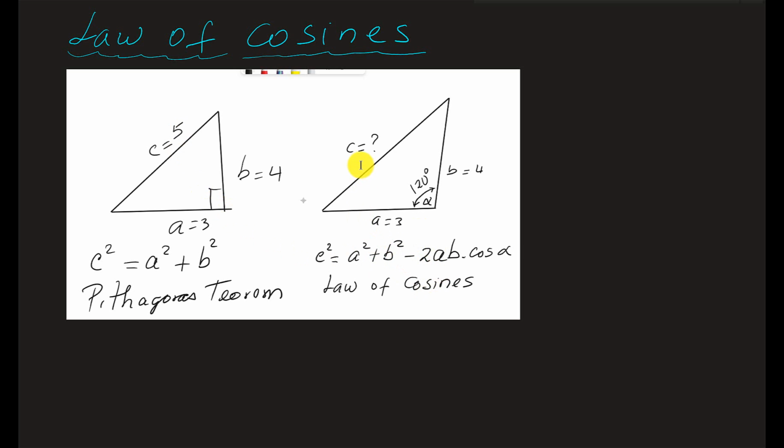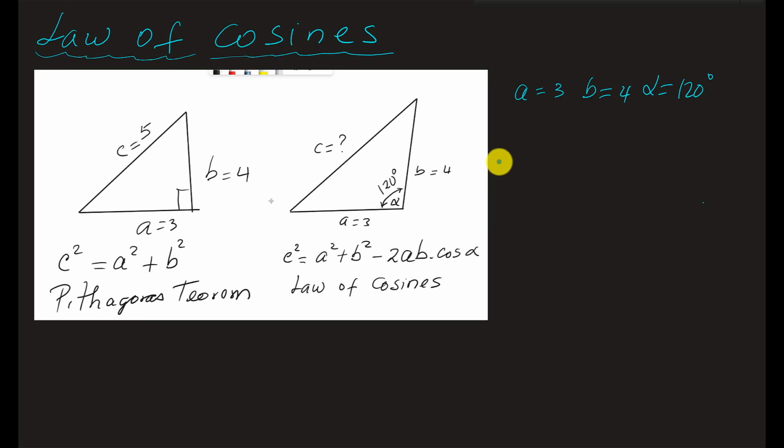Let's calculate this side C of the triangle that is not a right triangle using the law of cosines. In this case, from this formula, we have that A is equal to 3, B is equal to 4, and alpha is equal to 120 degrees. Then the law of cosines says that C squared is equal to A squared plus B squared minus 2AB times cosine of 120 degrees.